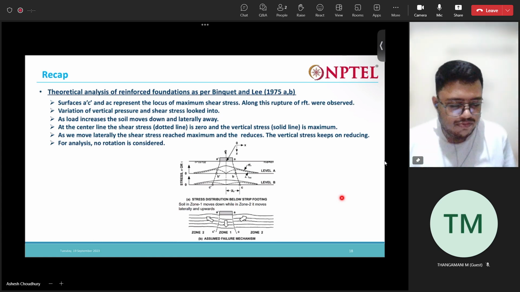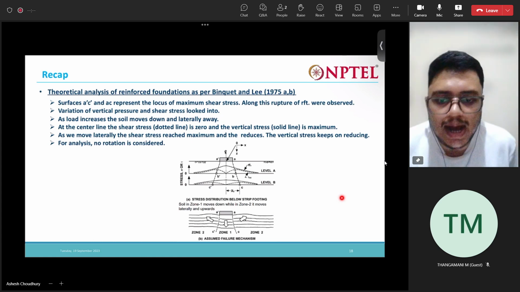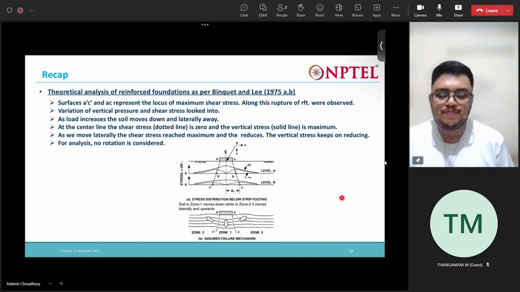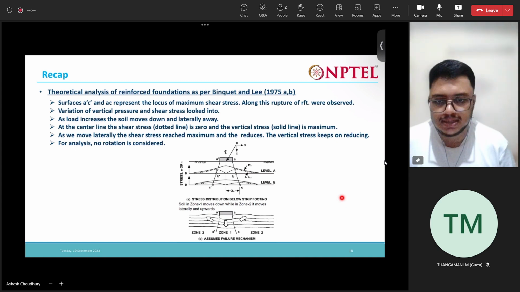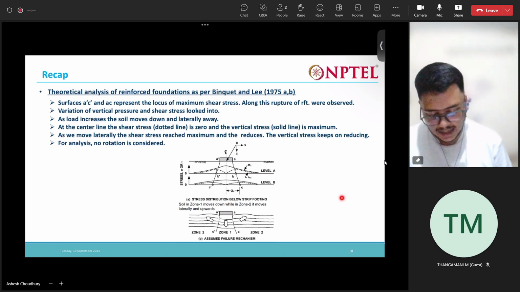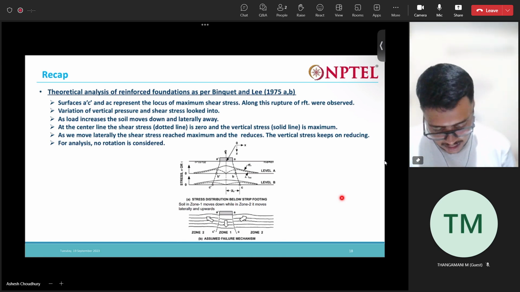Now let us see for the other two modes of failure how Binquet and Lee derived and analyzed this problem theoretically.